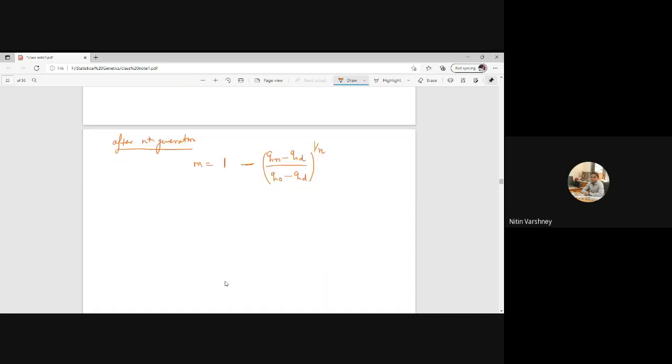Remember this formula. This ratio is used to estimate the proportion of genes in migrants, that is, the proportion of genes that have migrated.